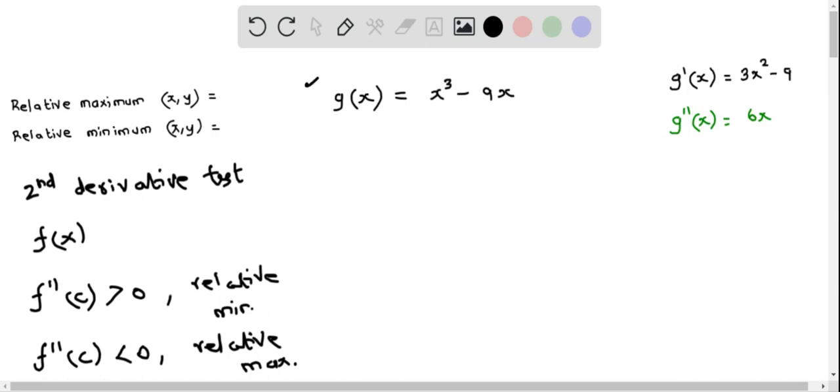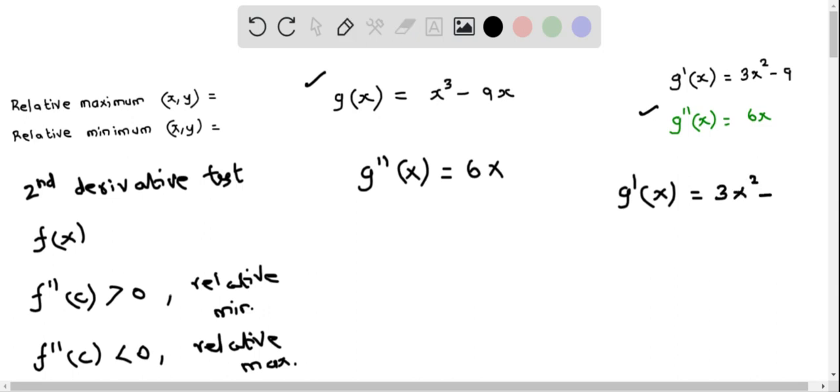So for the function g of x, we have the second derivative, which is already found here. That is g double prime of x equals 6x. We will first find the critical point by setting g prime of x equals 0. The first derivative g prime of x equals 3x squared minus 9.